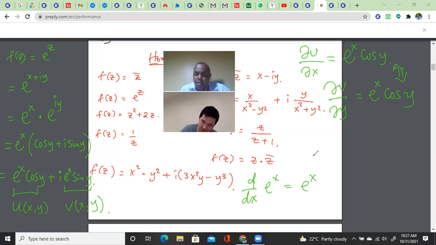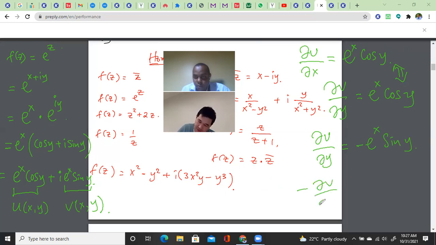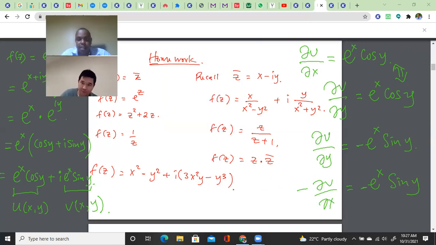Let's check the second one, du/dy. e to the x stays the same, but cosine changes to negative sine y, and negative dv/dx equals negative e to the x sine y. They're also equal. So the function is analytic.